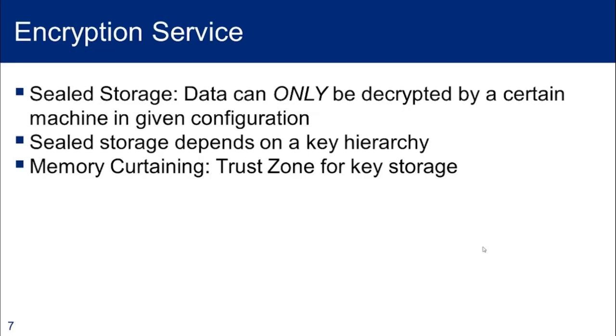Sealed storage depends on an encryption key unique to the configuration, which is based on an endorsement key unique to the machine. The machine endorsement credential is a 2048-bit RSA public-private key pair, which is created randomly on the chip when manufactured, and it cannot be changed. It is burned into firmware.